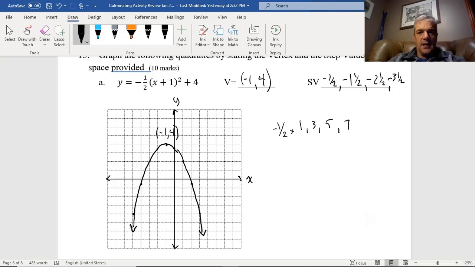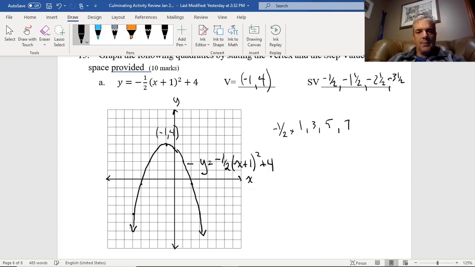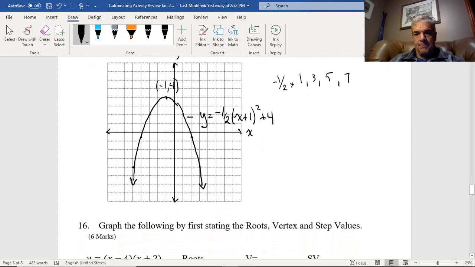And then finally, I can label it with my equation, which is y equals minus 1/2 (x plus 1) squared plus 4. And that would be a completed graph, okay? There's an example for you of graphing in slope or intercept form, okay?